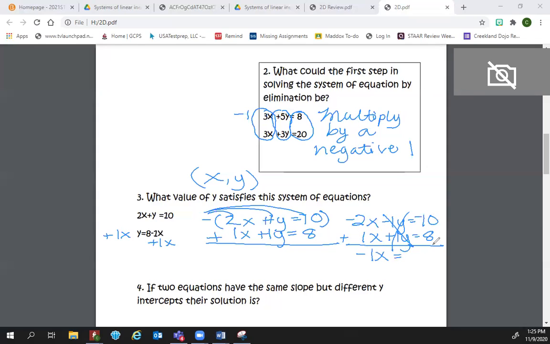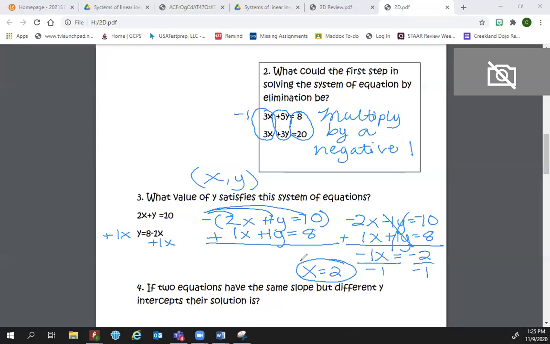Negative 10 plus 8? It's going to be negative 2, right? Divide by negative, divide by negative. What does x equal? It equals 2. Because negative 2 divided by negative 1 is what? Positive.